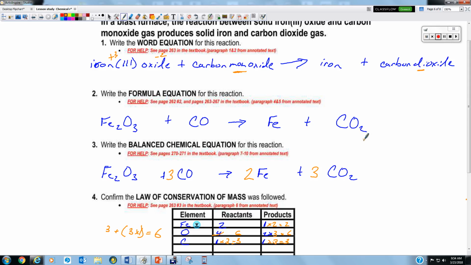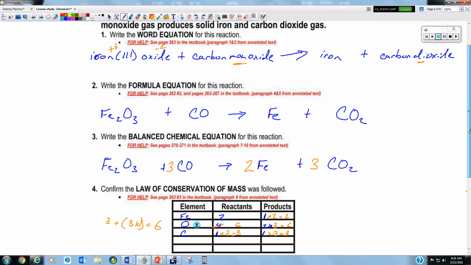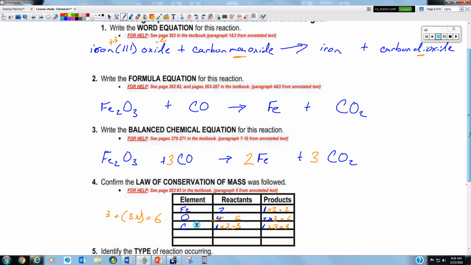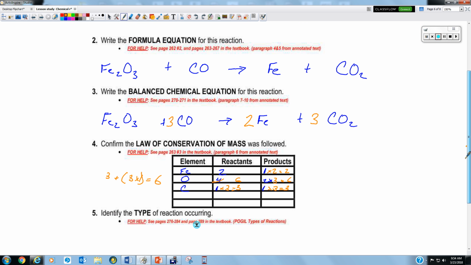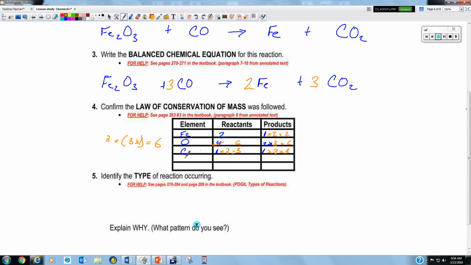All right. Moving down with the balancing. This one actually could be kind of tricky to balance. So I used the little chart here, but I want to show you what's going on. Because oxygen is in two different places, let's just start with iron.